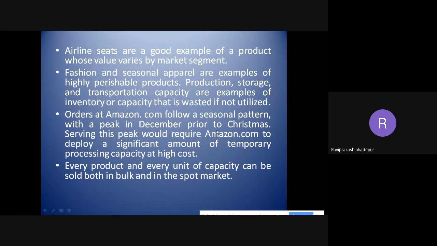Then Amazon, the same thing happens. We are talking about peaks. At the time of Christmas, or in India at the time of Diwali or any other festival, the demand increases. For only those particular days, these people cannot hire more or expand their facility for such small peaks. So they use some tactics: they give more discounts just before Diwali or the previous month.